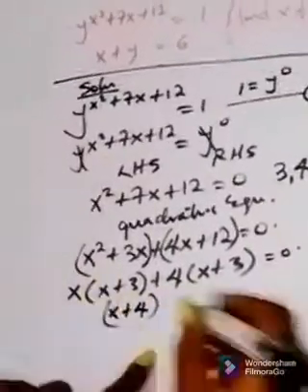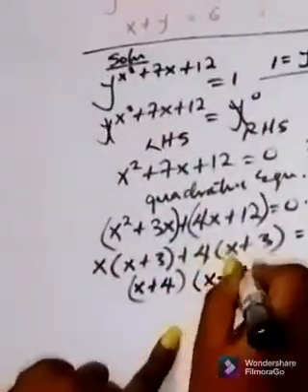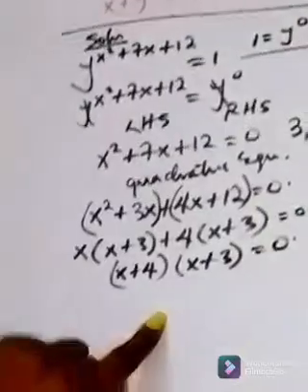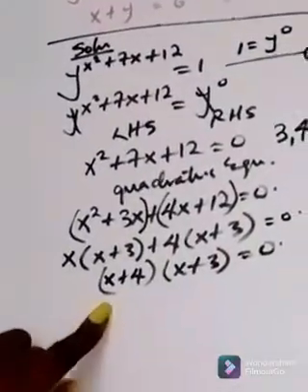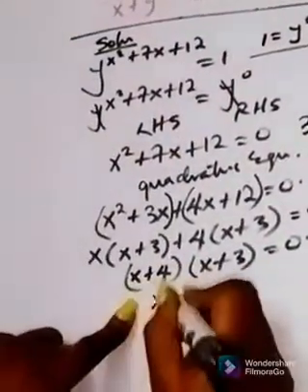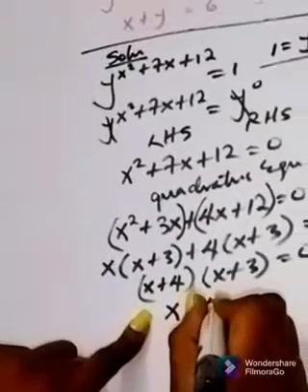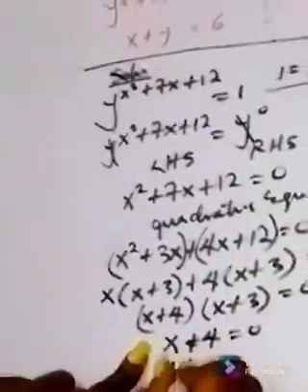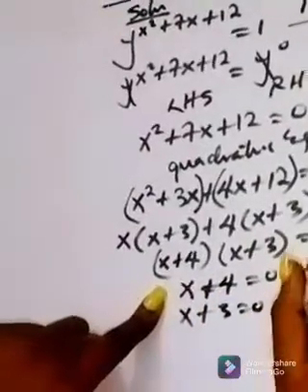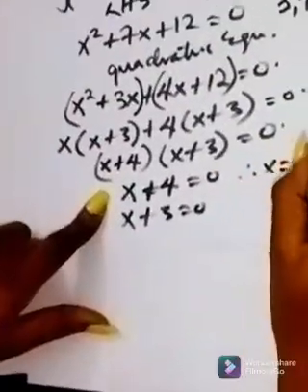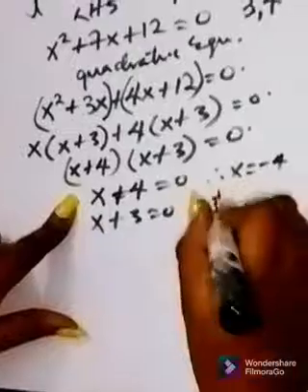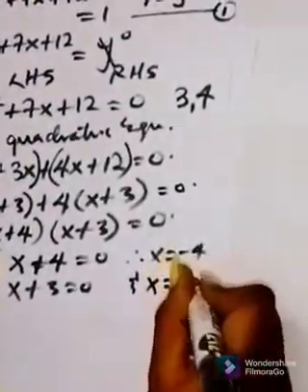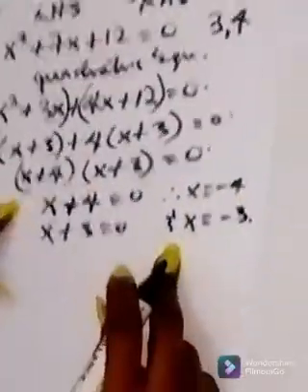And then we take the common x plus 3, forming another bracket. So we now have two values of x, giving us x plus 4 equal to 0 and x plus 3 equal to 0. Therefore, x will become minus 4 and x also is minus 3.